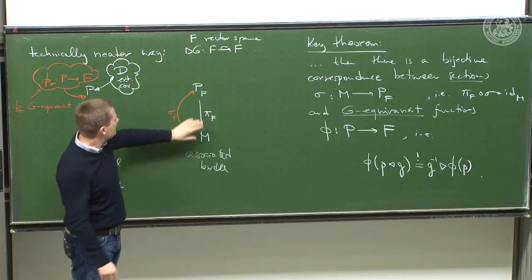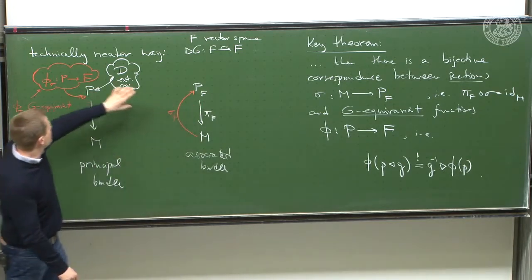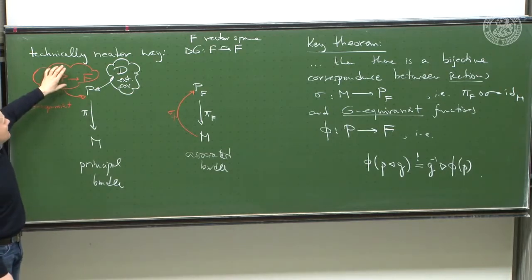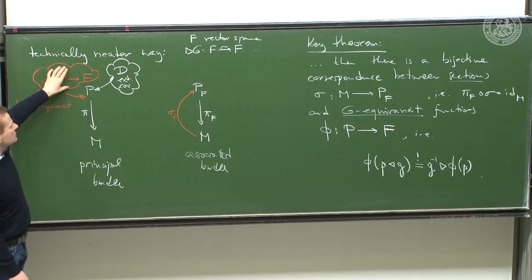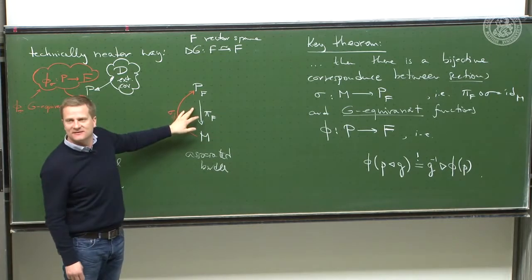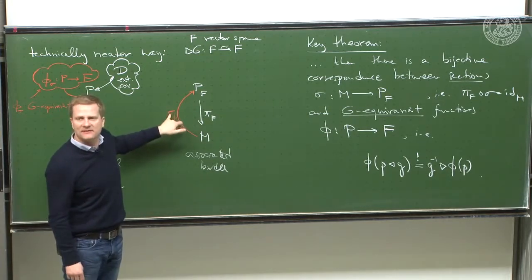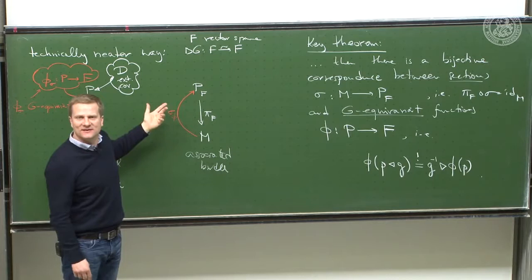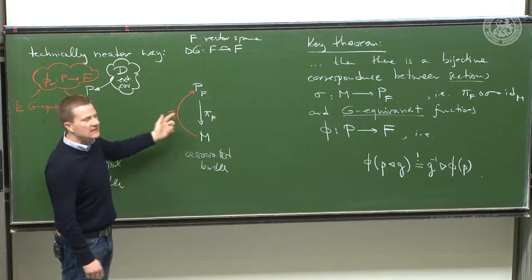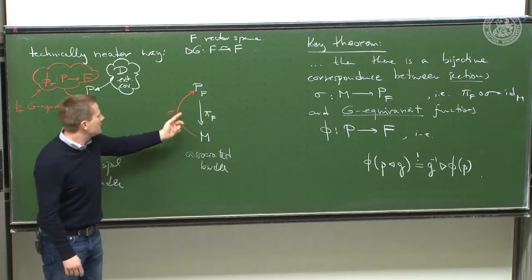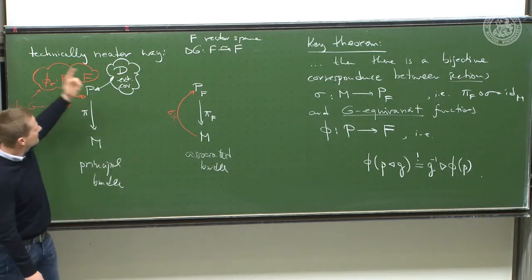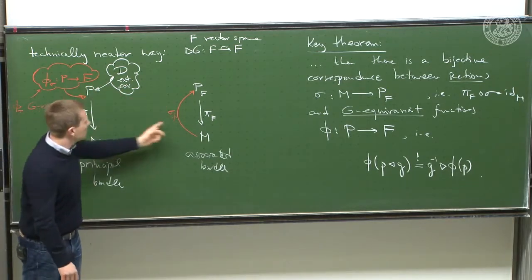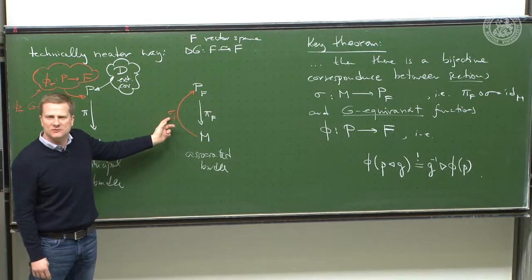And most importantly, if I start with a section, I construct such a function from it, and then from this constructed function, I reconstruct this guy, I get the same guy back. And the other way around. So there is no information loss in the type of construction we do. There could be constructions that from here you construct something here, here you construct here, but it's not that you can go the whole way around and come back to what you started from. But that's in fact the case.